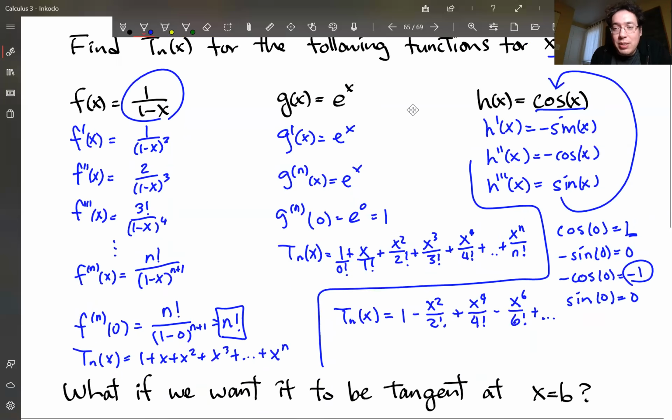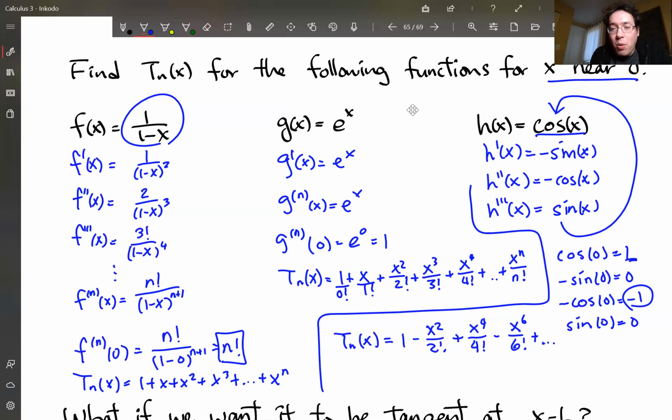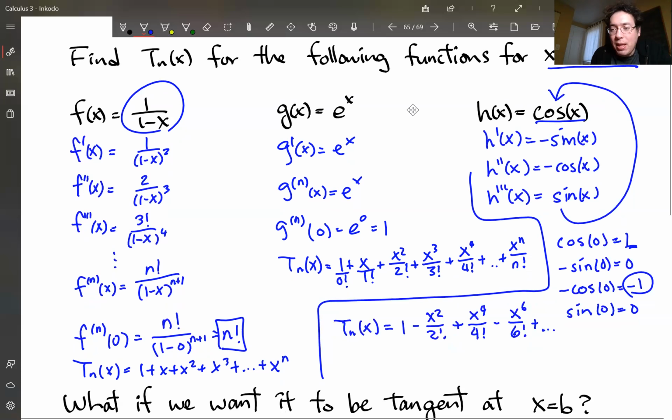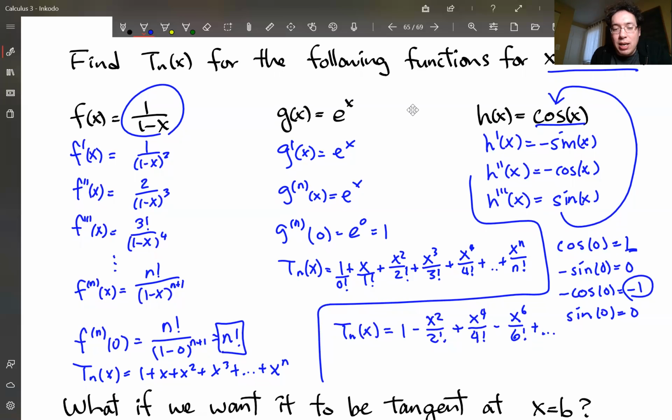Okay, so that's the pattern for the cosine function. You can imagine a similar thing for sine, which is going to take up all the odd terms, because the derivative of sine is cosine, and those terms will not drop out.